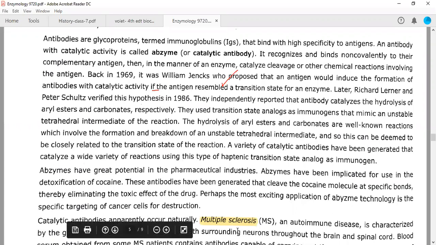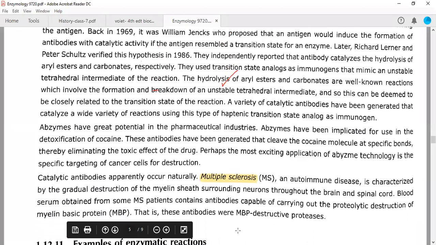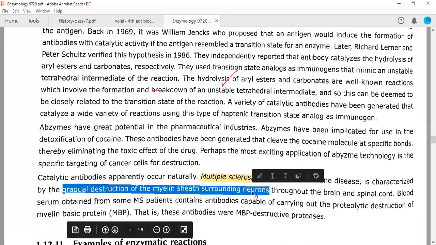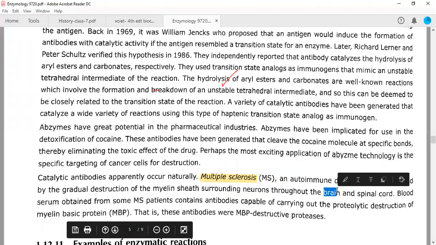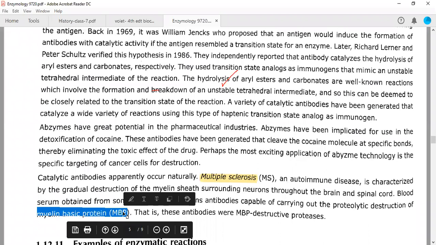So if the myelin sheath is lost, what will happen? There is a gradual destruction of the myelin sheath surrounding your neurons in this autoimmune disease, throughout the brain and spinal cord. What happens actually? The myelin sheath has a protein called myelin basic protein, which covers your neuron and insulates it.